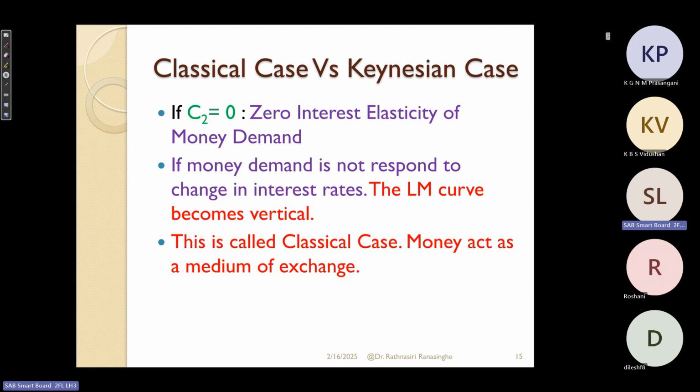Because classical economics believes money acts as a medium of exchange. According to the money demand function, we identify three motives: transaction, precautionary, and speculation. Classical economics identifies money as a medium of exchange, which explains the transaction and precautionary motives. People demand money for the purpose of exchange, because they believe money does not play any role other than acting as a medium of exchange.